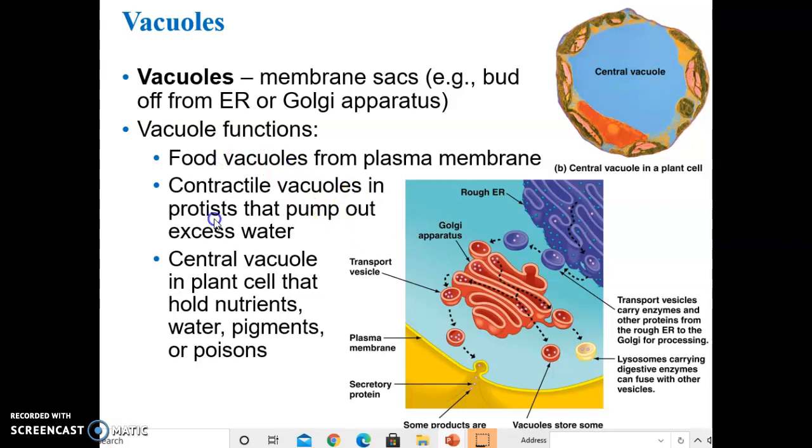Contractile vacuoles in protists can help pump out excess water. So there are a lot of uses for vacuoles. In plant cells, the central vacuole holds things like nutrients and water and pigments and even poisons. And that can be a large space or volume within a typical plant cell.